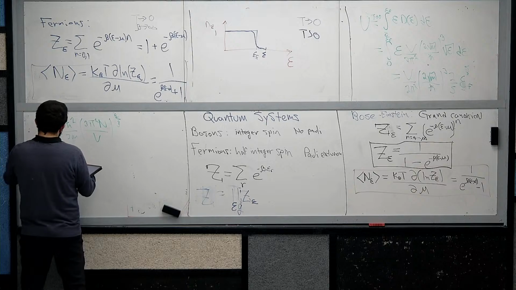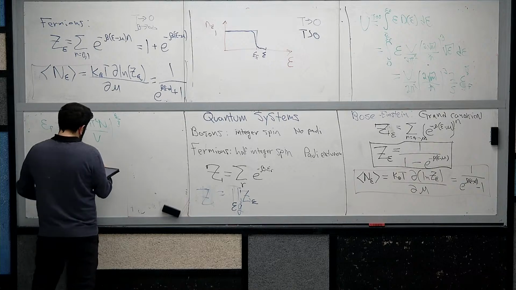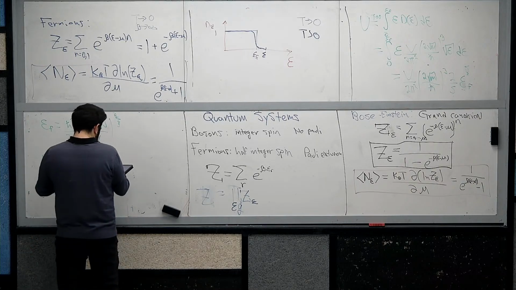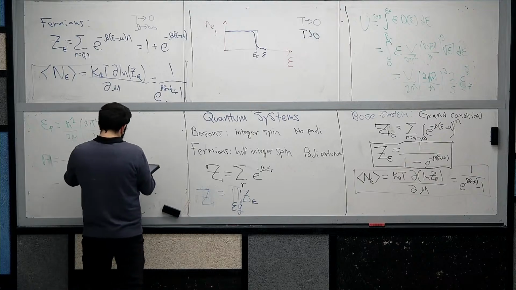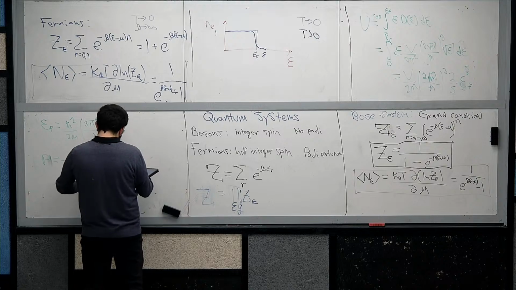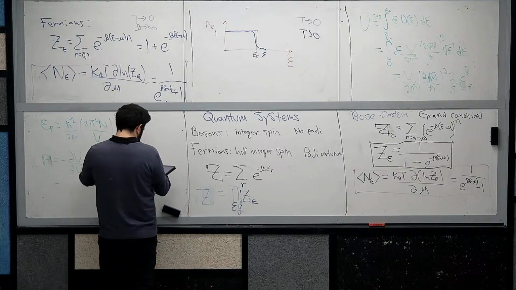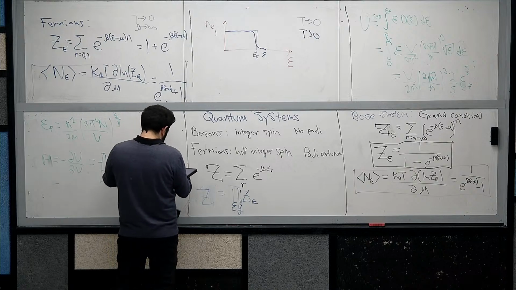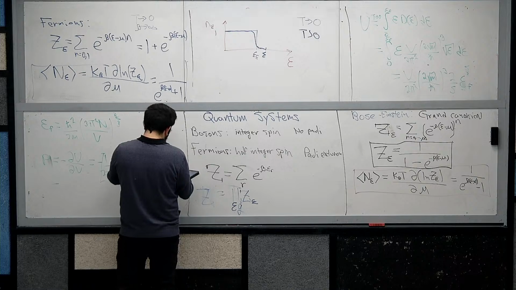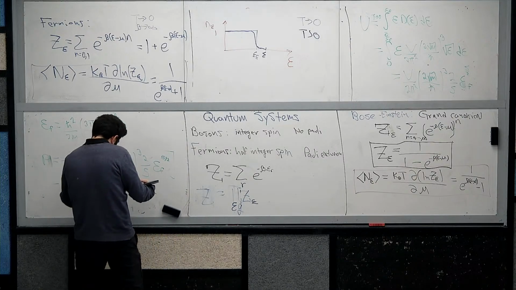Then, for example, for pressure, we just know that it's the derivative of the internal energy with respect to V. And the result would be minus 2 pi squared h bar cubed, 2 over 5, multiplied by minus 2 over 3.